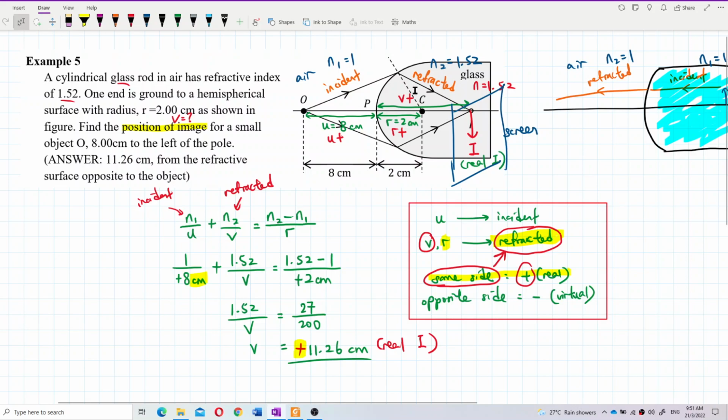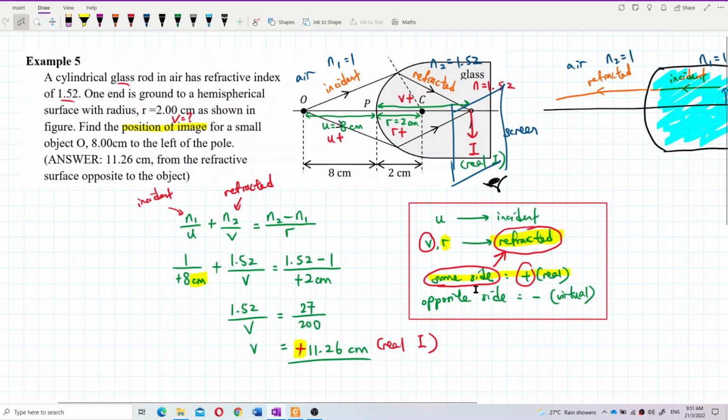The refracted light falls onto the screen, and then it forms a real image on the screen, and we can see it, just like the image in the theater, on the movie screen.